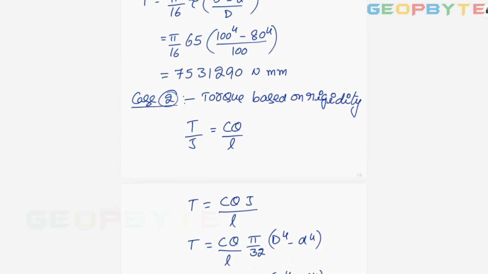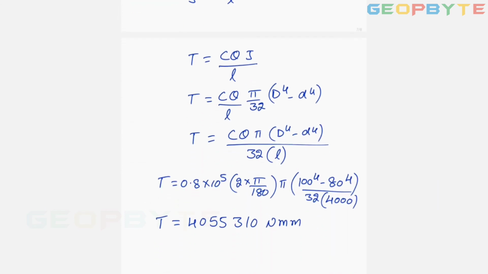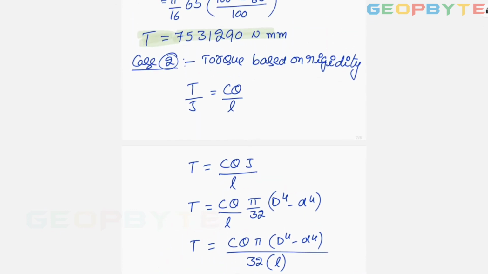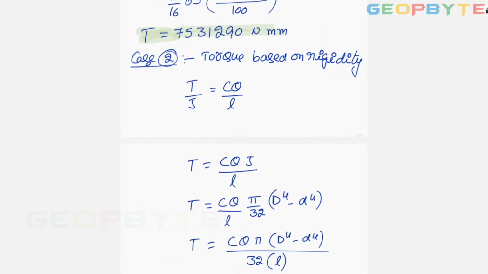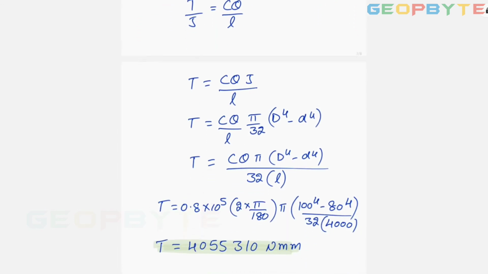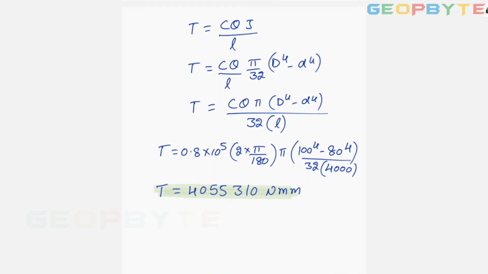Now two torques we got. One torque based on the shear stress, and the other torque based on the rigidity. Among these two, whichever is smaller, that is to be selected. So based on the shear stress, it is around 75, based on the rigidity 40.